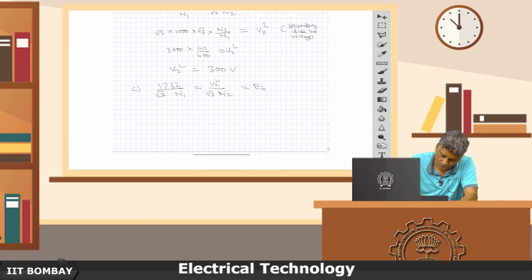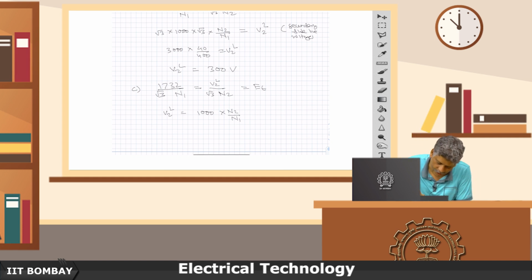So this root 3 and root 3 will cancel out, and I can write V2L as 1732 by 1000 into 1000 volts, 1000 into N2 by N1.